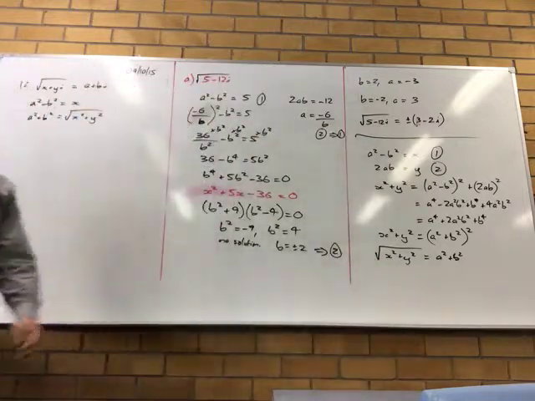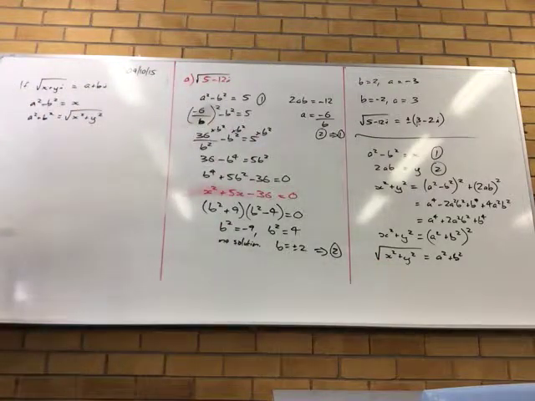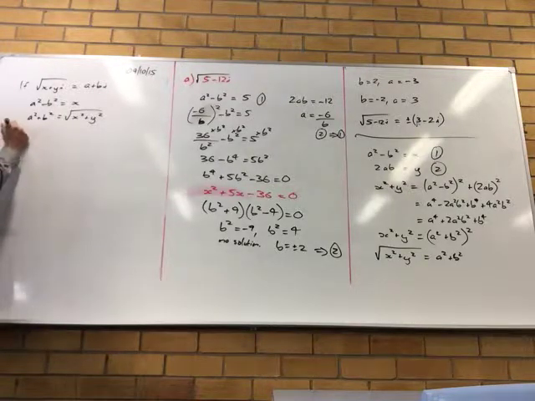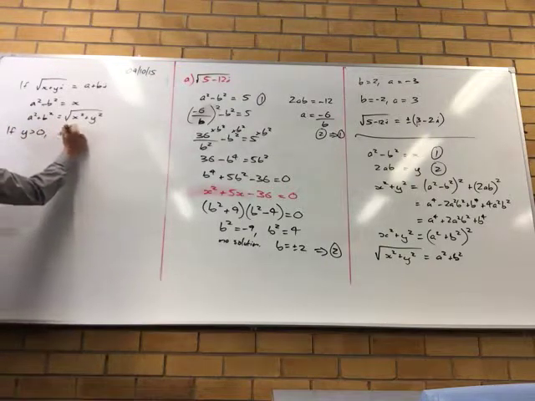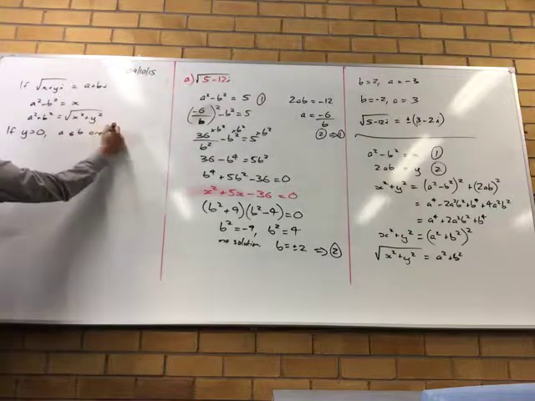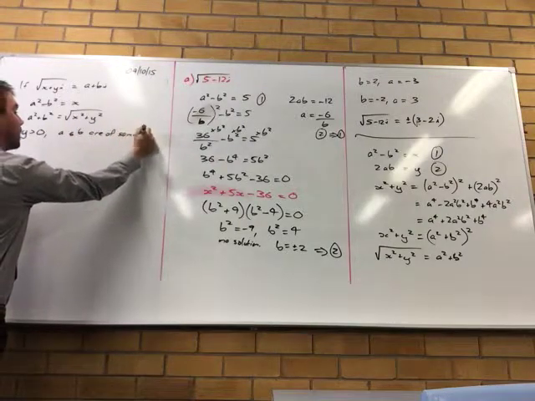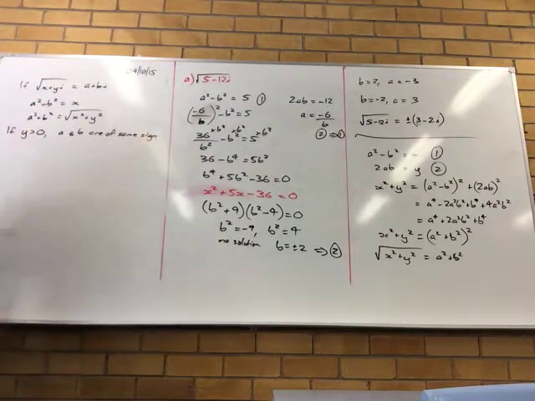Now the key is this. If y is greater than 0, a and b are of the same sign.